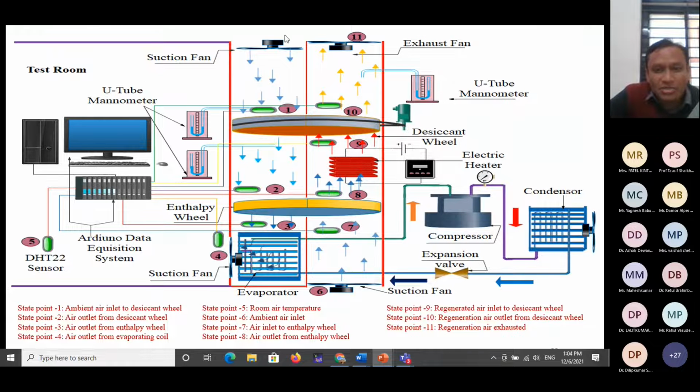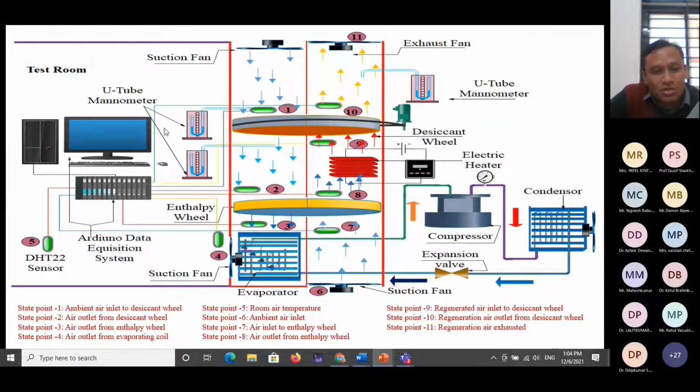Similarly, another cycle is the ventilation cycle, in which we do not reuse the room air. We use fresh atmospheric air for dehumidification, and then further cooling, and it is supplied to the room.